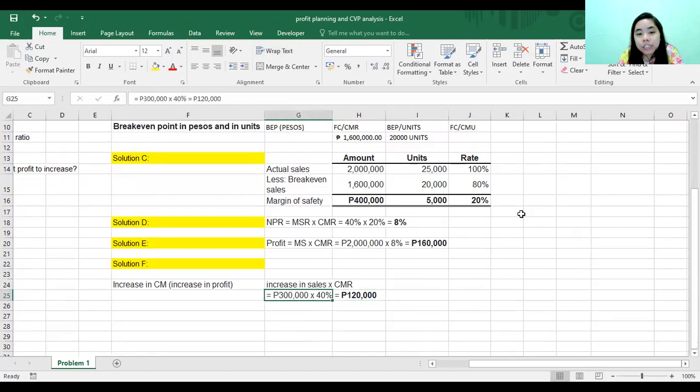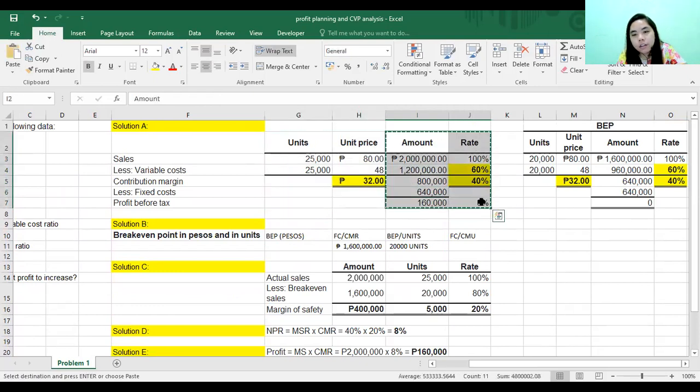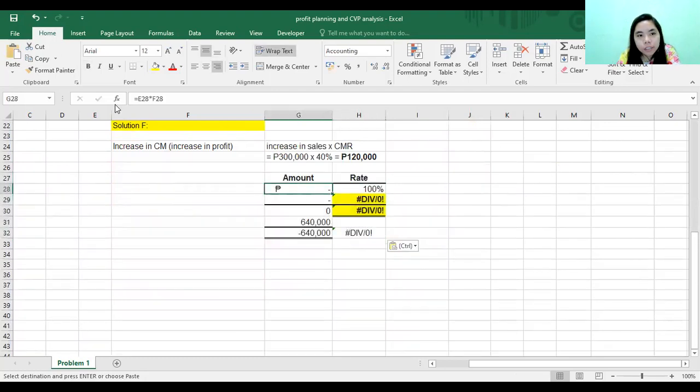Now, if you increase your sales by 300,000, you just directly multiply your contribution margin ratio to the increase of sales. If you really want to check, the increase is 120. So, 2 million, increased by 300,000. Okay.